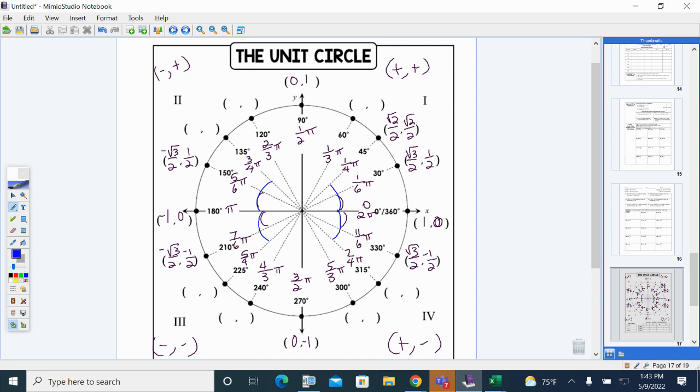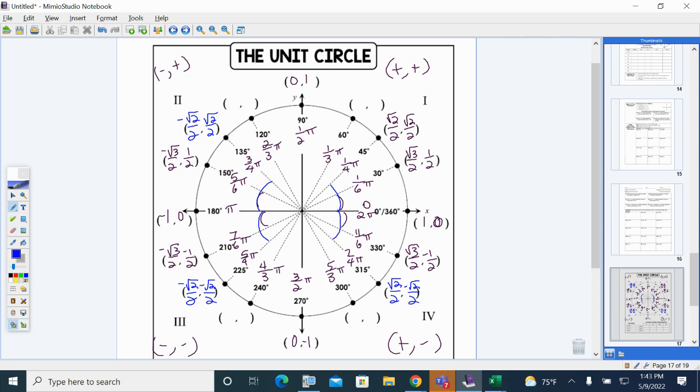Those 4 angles have a 45-degree reference angle. So we can fill those in to match. Again, in the second quadrant, the x is negative, the y is positive. In the third quadrant, they're both negative. And then in quadrant 4, x is positive, y is negative.